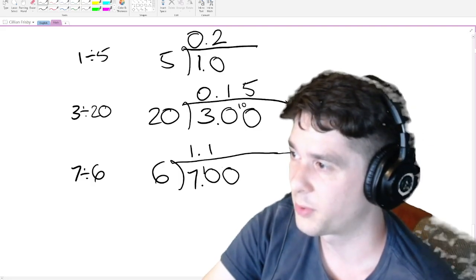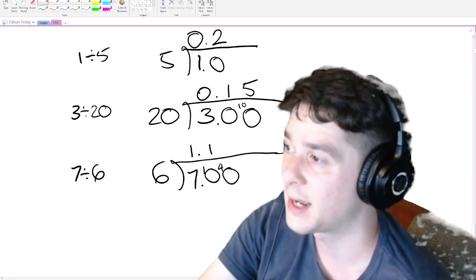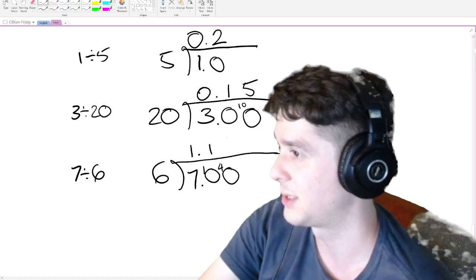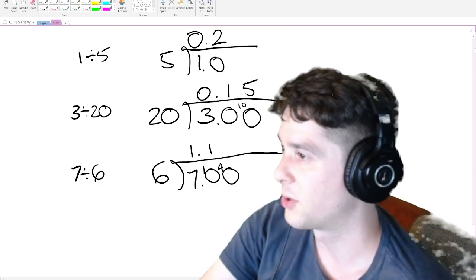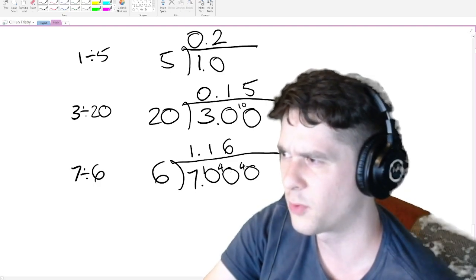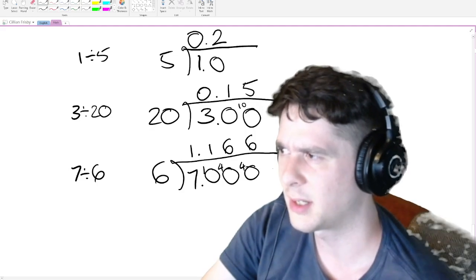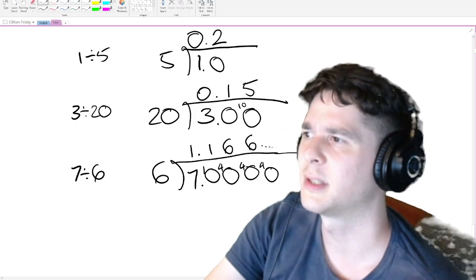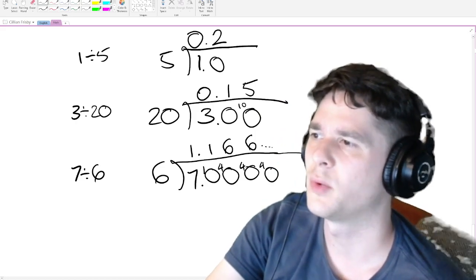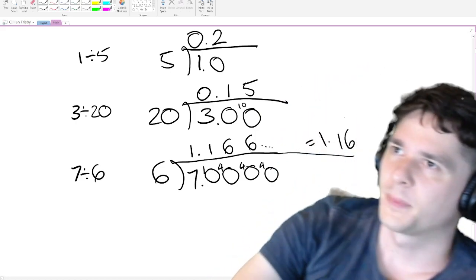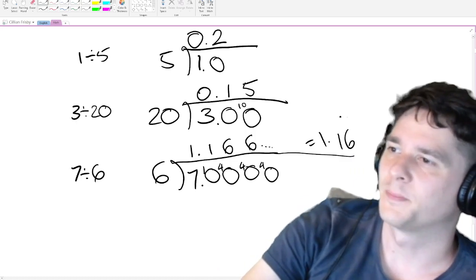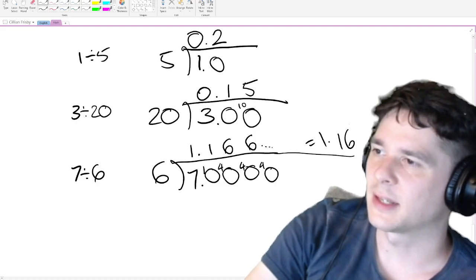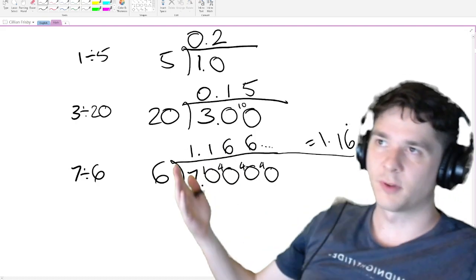So we add a 0 and put a 4. 6 goes into 40 6 times, with a remainder of 4. Oh, there's a pattern here. This is going to be 1.16, and then we put a dot above that second 6. A dot above the second 6 tells us that that 6 repeats forever.